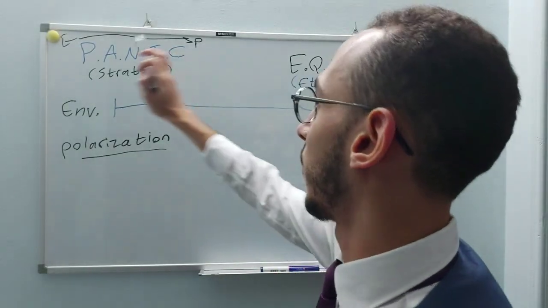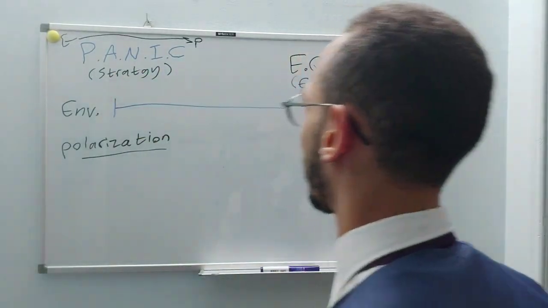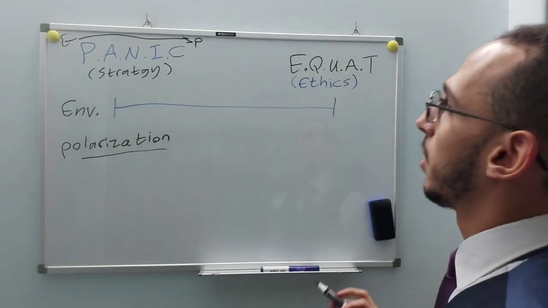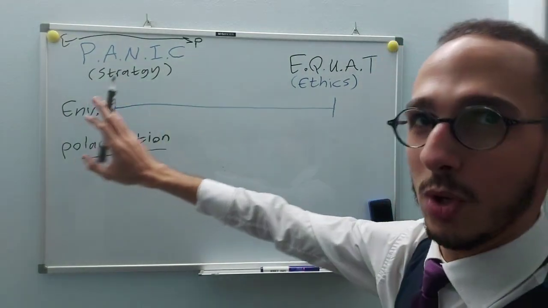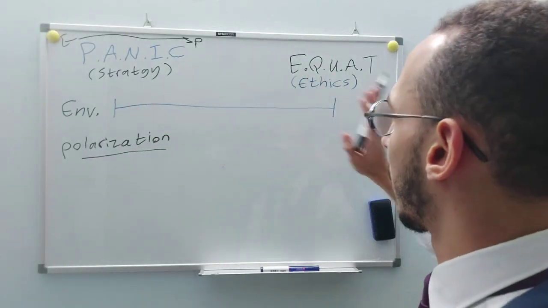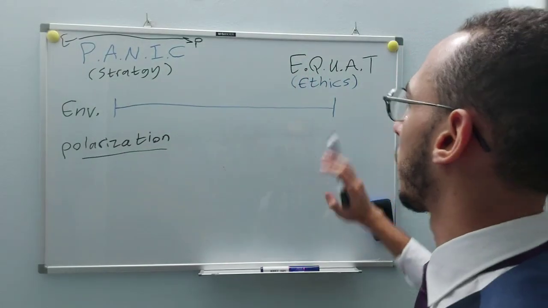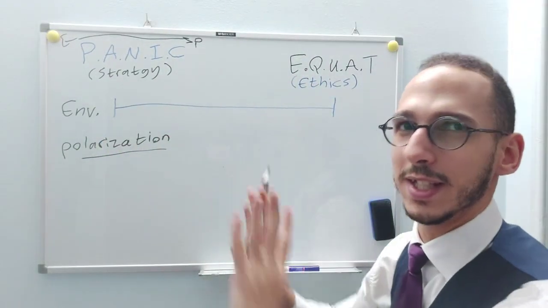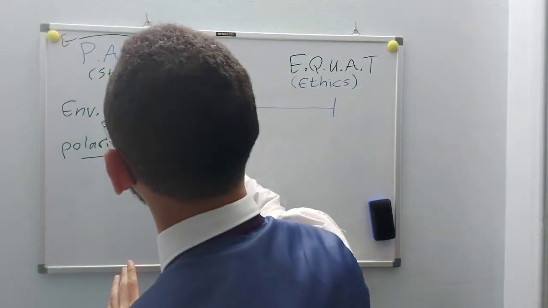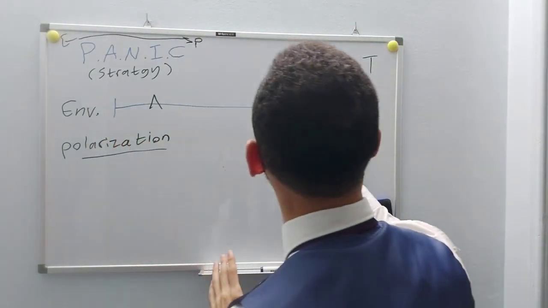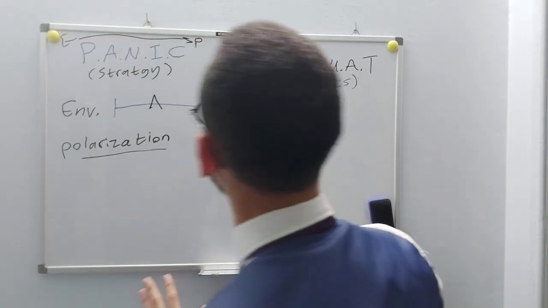So, let's focus on the polarization, which operates on your environment. We already established this is a gradient. So it goes gradually from one way to the other, and so on and so forth, maybe from both directions to the meeting at the center. Polarization, what it does is it highlights 2 points of conflict.